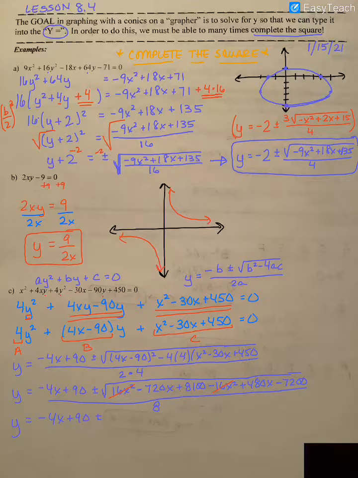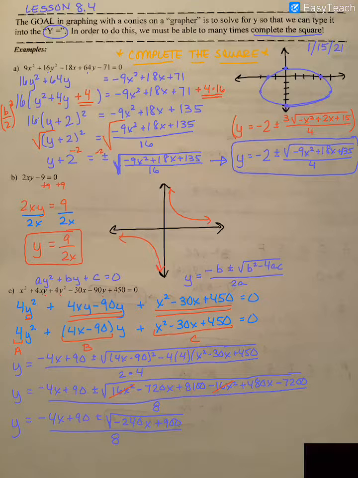Then there are just a couple of like terms you can put together. Negative 720x plus 480x is negative 240x. Positive 8100 minus 7200 is plus 900. All over 8 again.